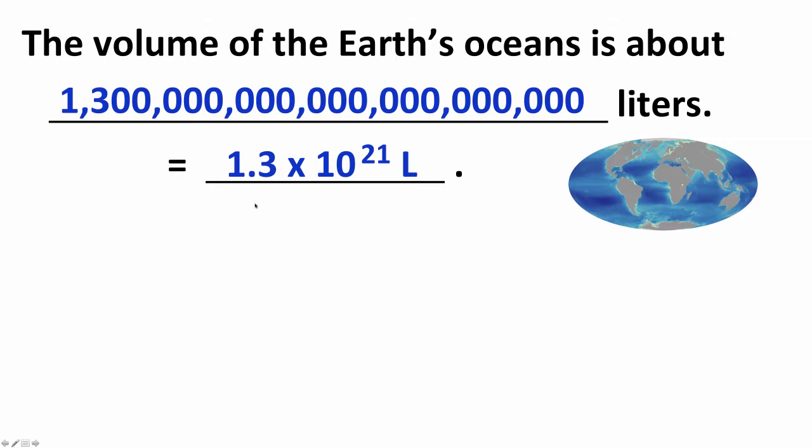Now, note when we do scientific notation, we're always going to have a number that's 1 or bigger, but less than 10, and then times 10 to the appropriate power.